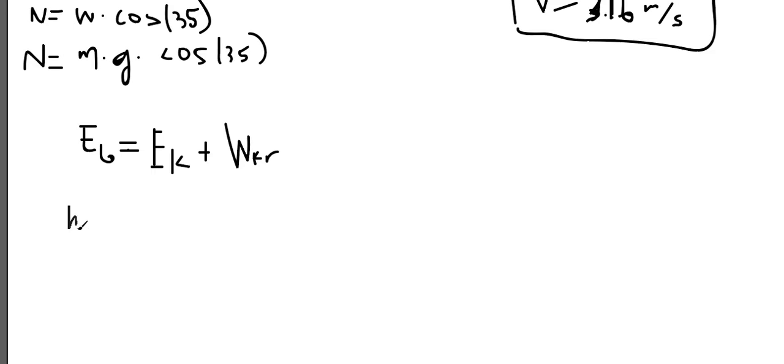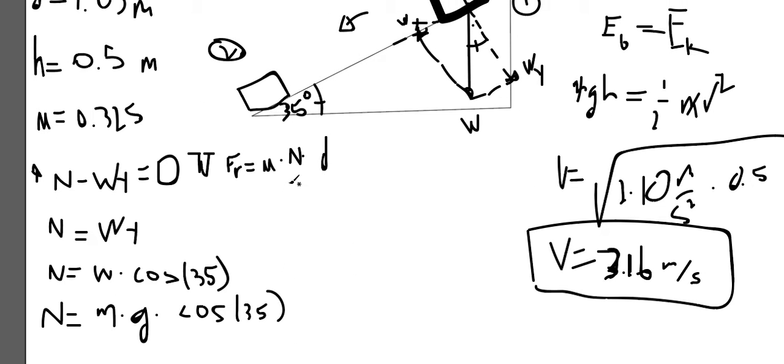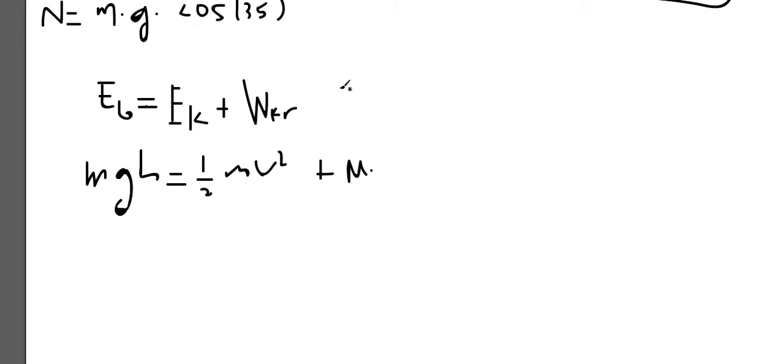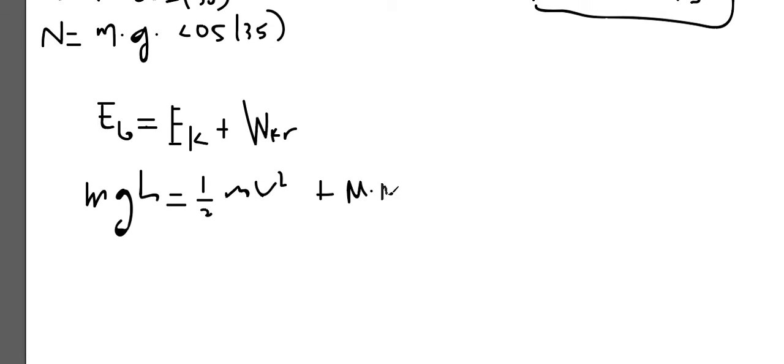So we're going to have mgh equals 1/2 the mass times velocity squared plus mu, which for the coefficient of friction between metal and plastic is 0.325, mu times the normal, which is mg times cosine of 35, m times g times cosine of 35, times the distance.